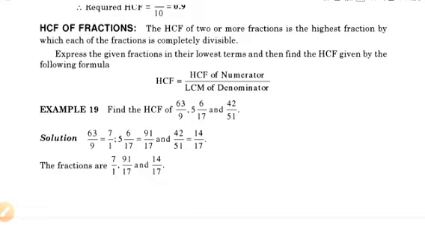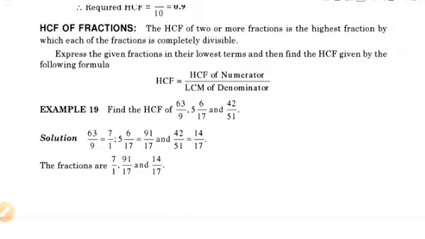For that we first have to find the lowest terms of each fraction, both the numerator as well as the denominator, and after that we apply the formula: HCF of numerators over LCM of denominators. That is, if we are given fractions, our first step will be to shorten them, to write them in the lowest terms, dividing if it is possible. After that we find the HCF of the numerators and then the LCM of the denominators, and the required number will be the HCF of the given fractions.